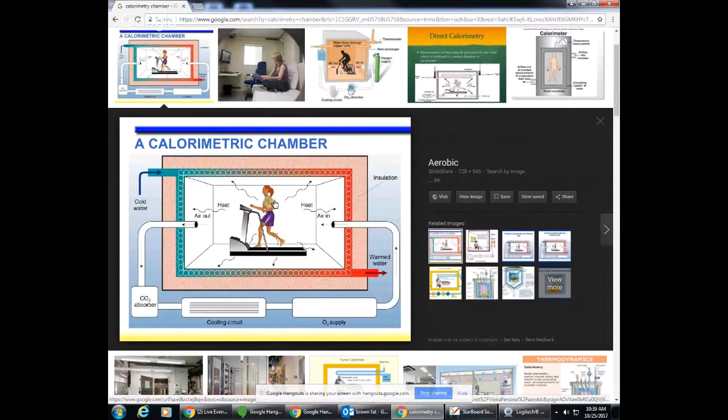Notice how they're trying to estimate the amount of heat being produced by having warm water, and then we look at the amount of water. We also measure the amount of O2 used, and then they absorb the amount of CO2, so we get an estimate of that being produced.